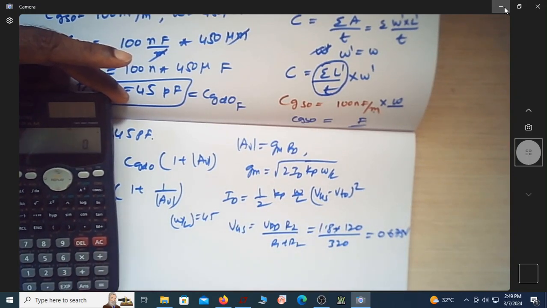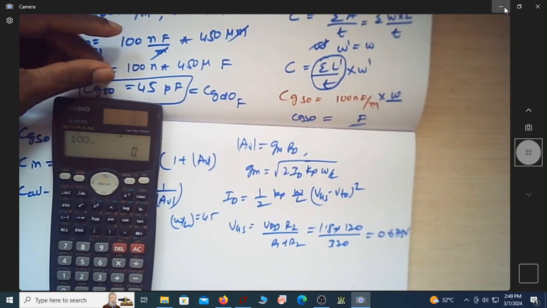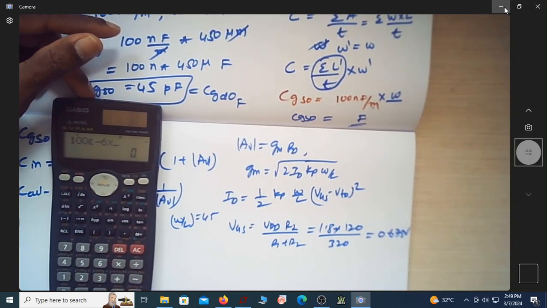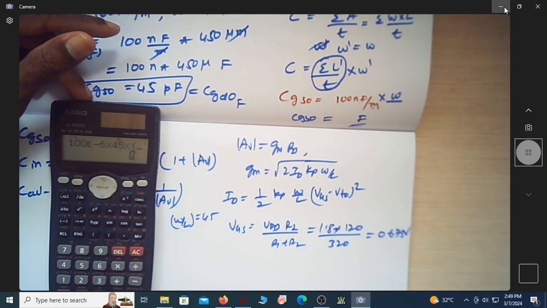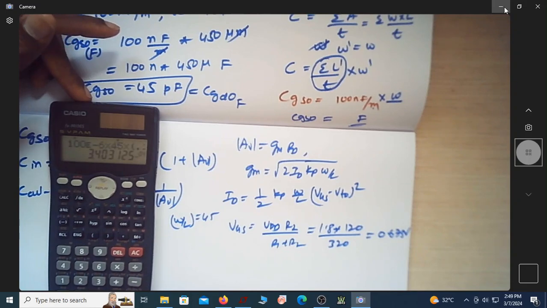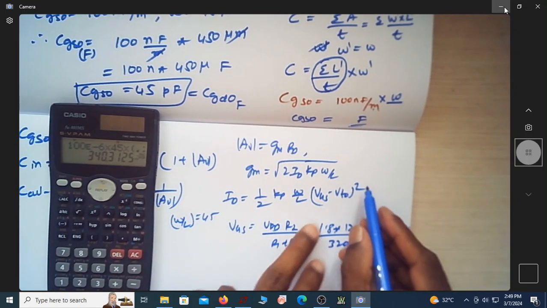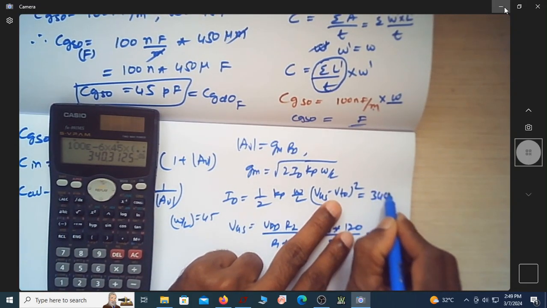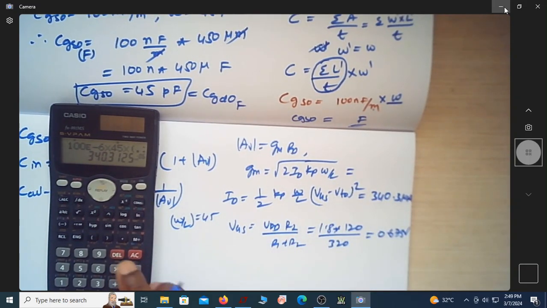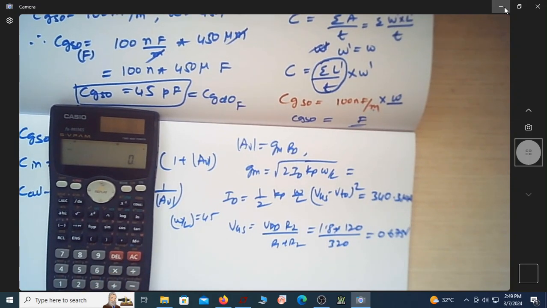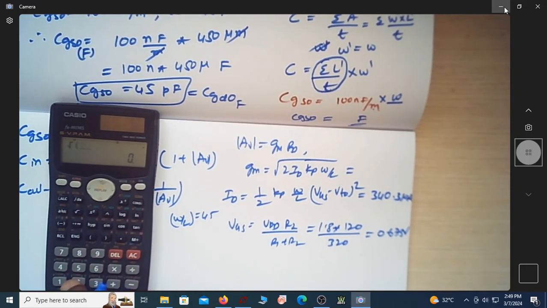Come here, it is 100 exponential minus 6 into 45 into 2.275 whole square. This is the current. The current is 340.3 microampere.